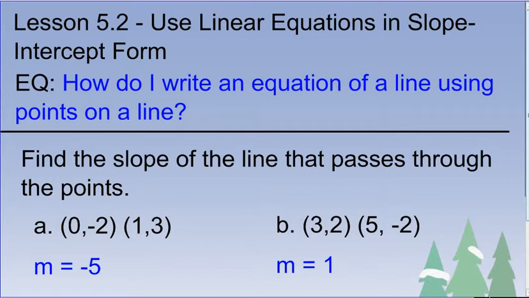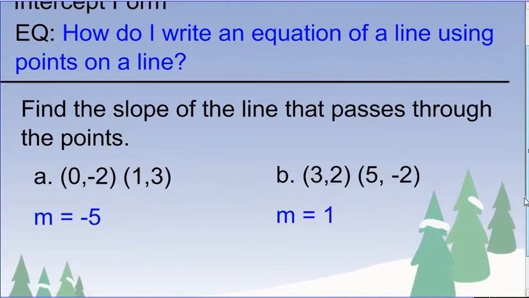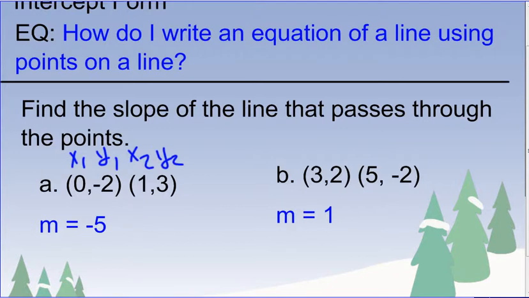I have a couple of "get the goofs" problems here that are similar to what we did in the last lesson. We're trying to find just the slope. We've got x, y, x, y. This is point 1, this is point 2. There's absolutely no work there, so I have no clue if that's even correct or not.